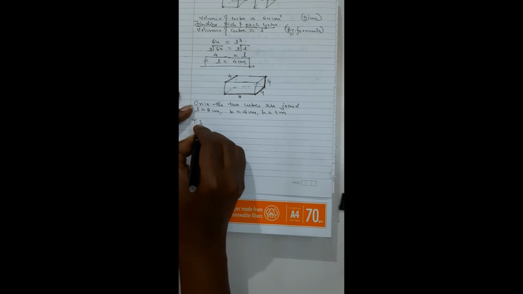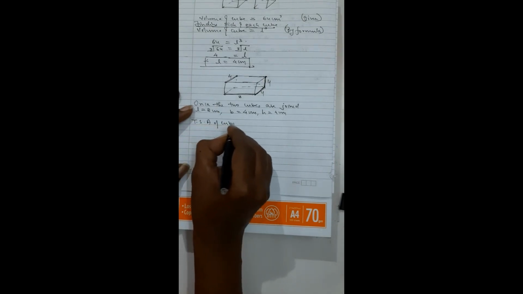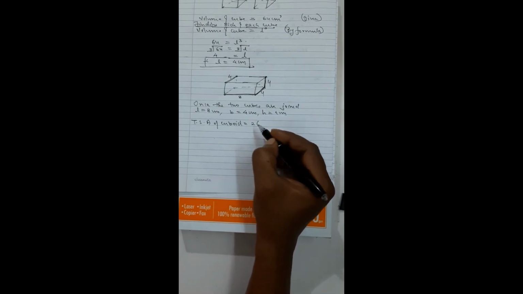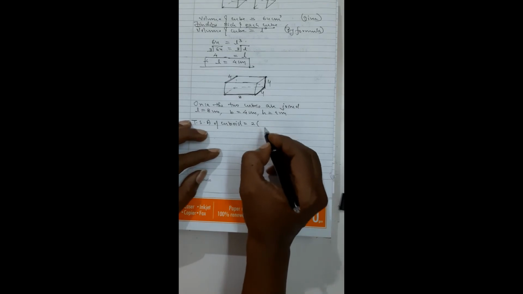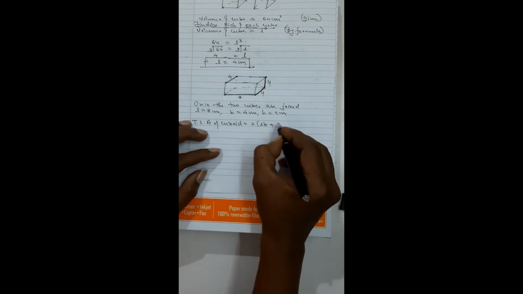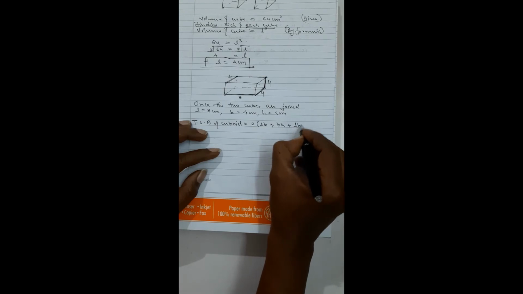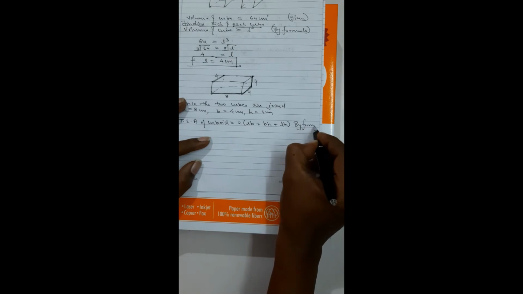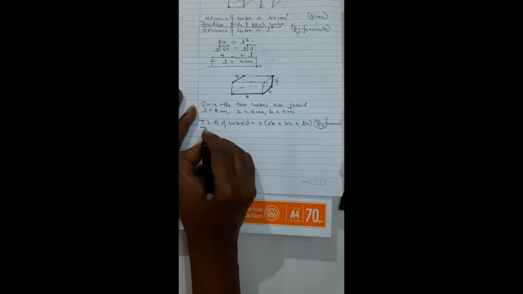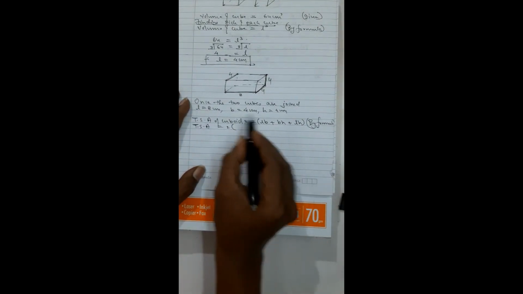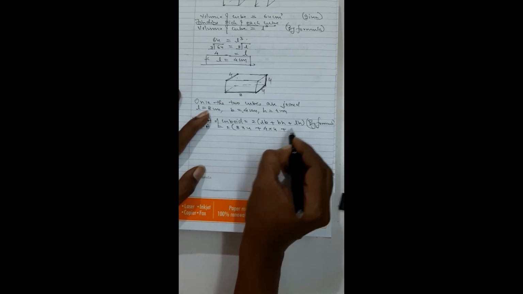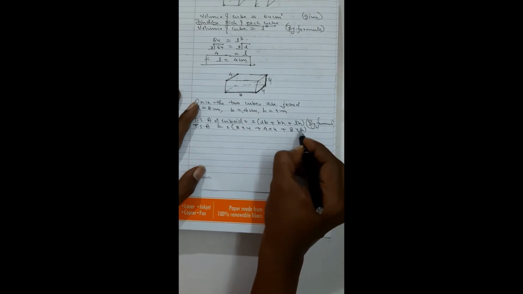Now total surface area of cuboid, by formula, is going to be 2 in bracket, LB plus BH plus LH. This is by formula. Whenever you are using this, better write by formula. So now total surface area is going to be 2 into, LB is 8 into 4, plus BH 4 into 4, plus LH again 8 into 4.